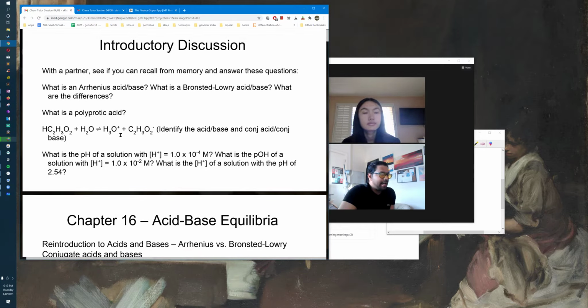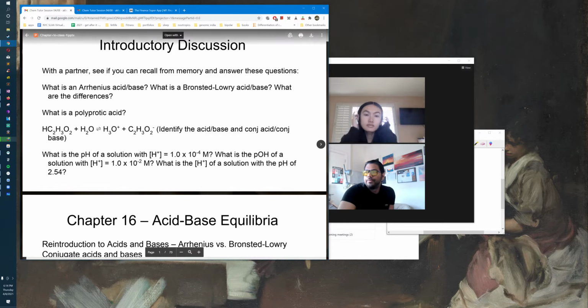And then they ask, what's the H plus concentration of a solution with the pH of 2.54? So yeah, you would just do it backwards. There's a trick to this also, which is it's 10 to the power of negative pH to find the H plus concentration.